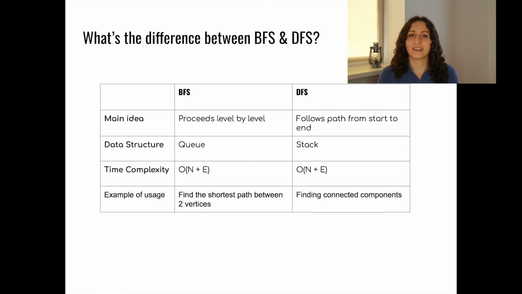Time complexity is very similar in these algorithms. Of course, it depends on the data structure you use to store information about your graph. But usually it's big O of n plus e, where n is the number of nodes and e is the number of edges, which is pretty simple to understand because we need to consider every edge in our graph and every node in our graph.